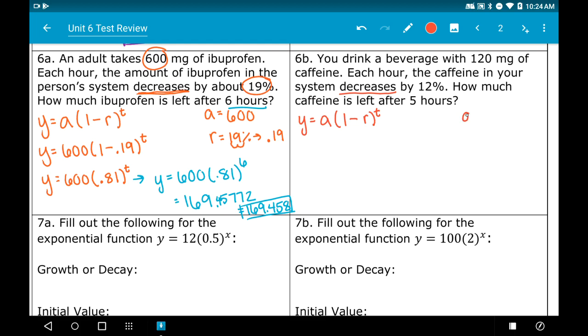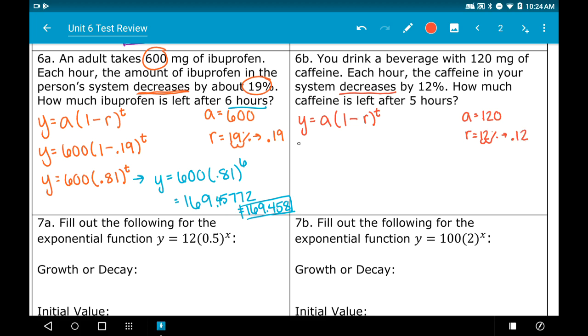So our initial amount that we start with here is going to be our 120 milligrams. Then our rate is 12%. But we need that as a decimal, so move the decimal place over 2. We get 0.12.